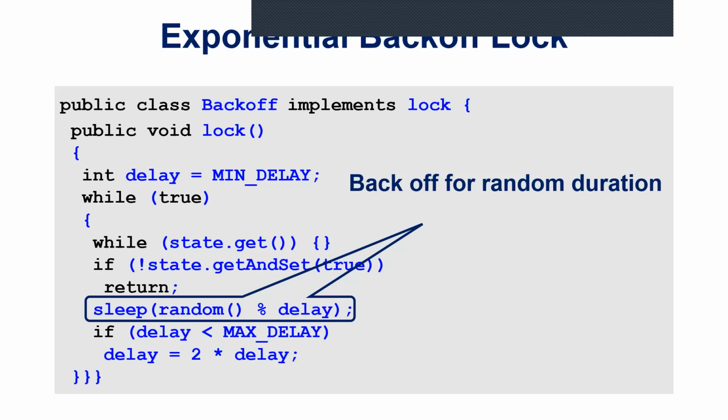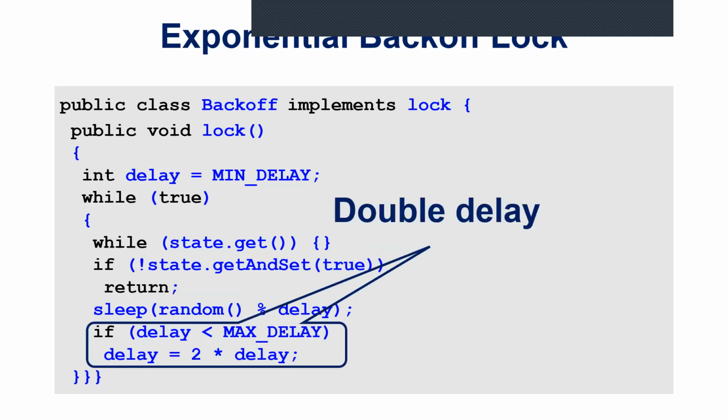Next line, if delay less than max delay. This line checks whether the current delay is less than the maximum delay. The purpose of this check is to ensure that the delay does not exceed a certain threshold. So we need to specify the minimum delay and maximum delay, and based on that we check that condition.